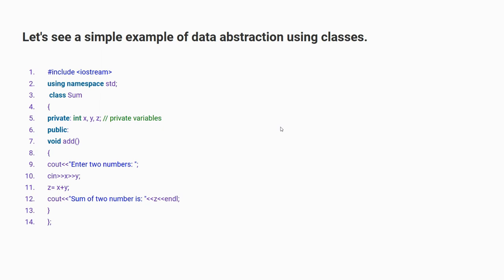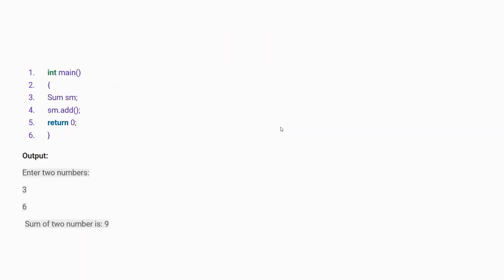You are writing the logic of adding x and y and storing it in z, and you are printing the sum of two numbers, meaning printing z. In the main function you are creating an object of the class sum and you are invoking the add function using the object of the sum class.